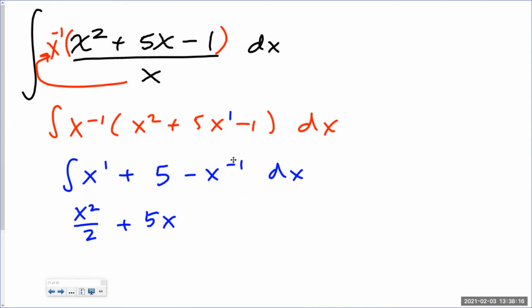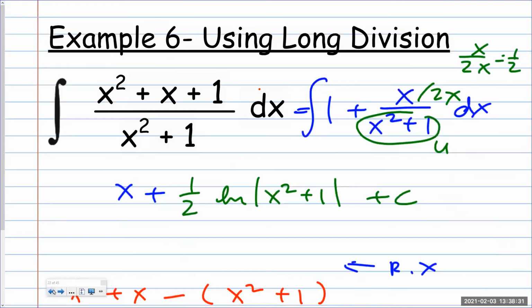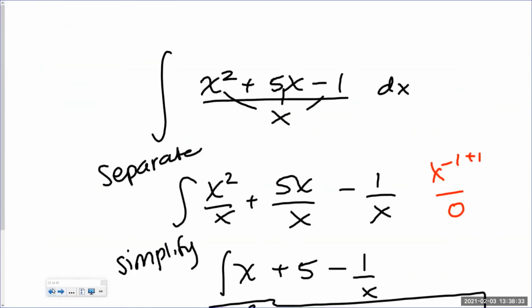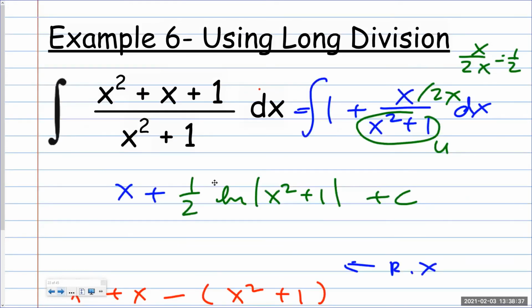So this is going to be 1 over x. And what is the integral of 1 over x? There's a negative sign here. Ln of x. Is everybody good with that? It was ln of x plus c. Is that what you're saying? Yeah.